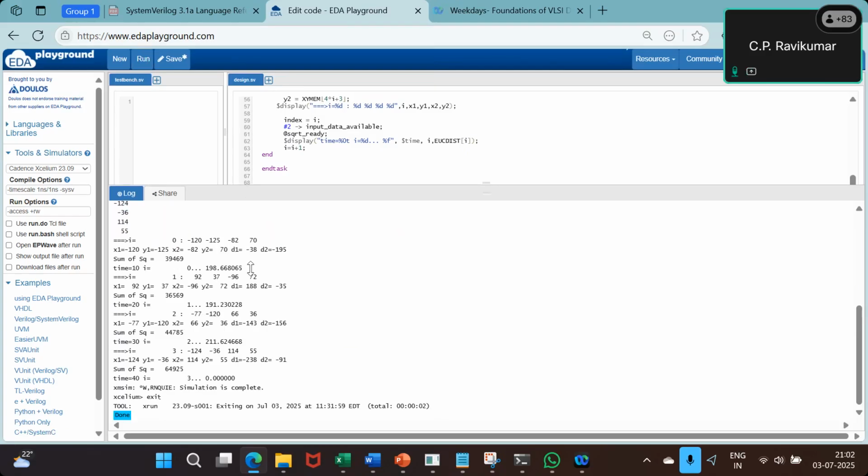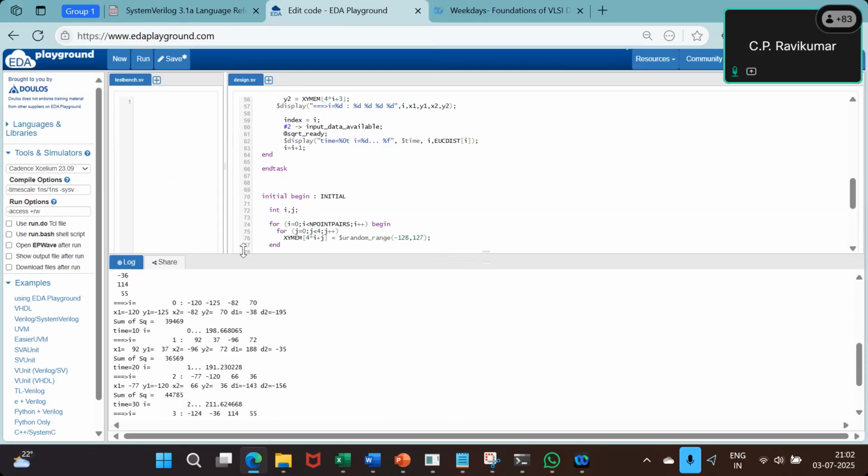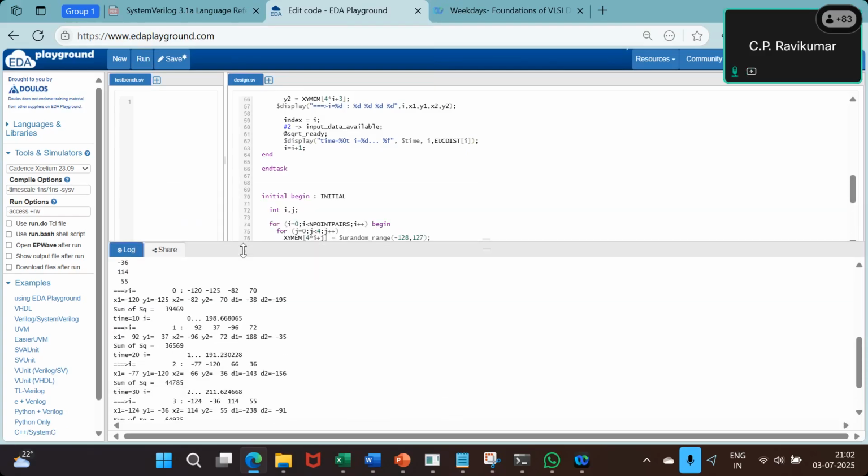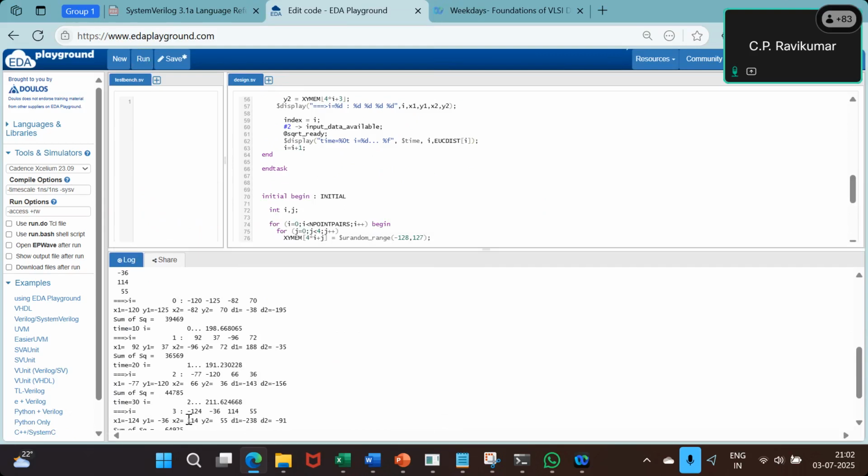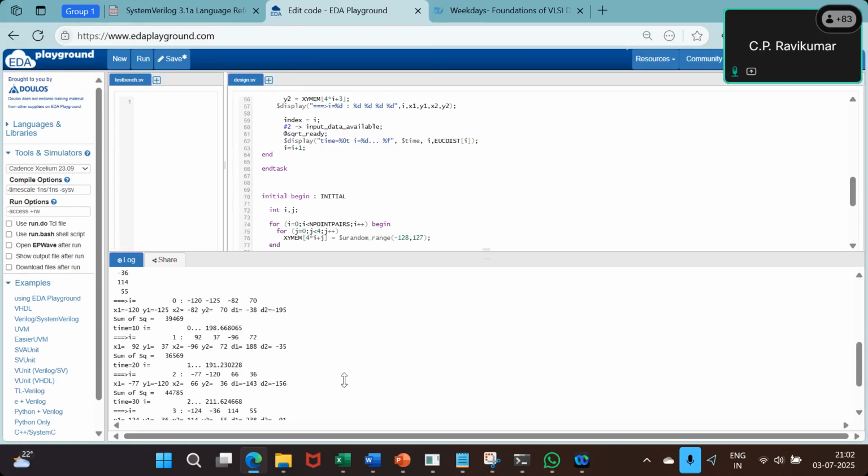See? And I think it possibly calculated the distance correctly. So let me print the square root also.